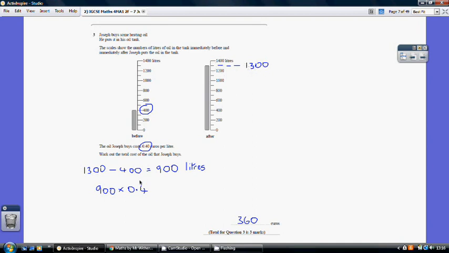Well, it's 1300 take away 400, which is 900 litres. Now the cost of the oil is 0.40 euros per litre. So every litre is going to cost him 0.40 euros. He's got 900 litres, so that's going to cost him 900 multiplied by 0.4, which is 360 euros.